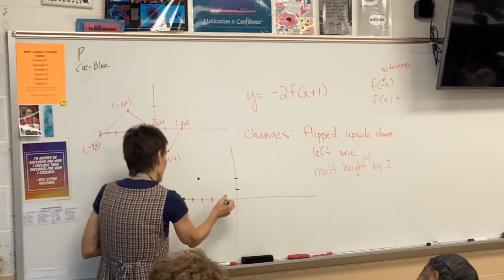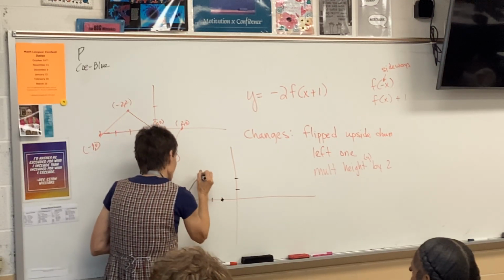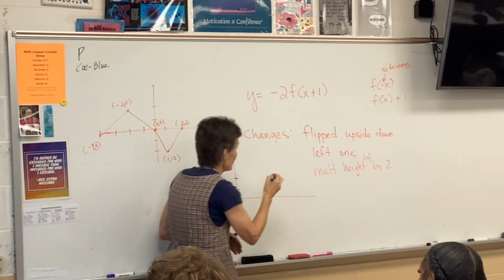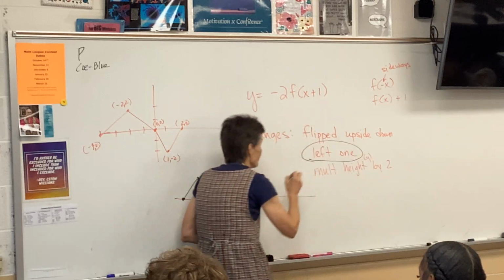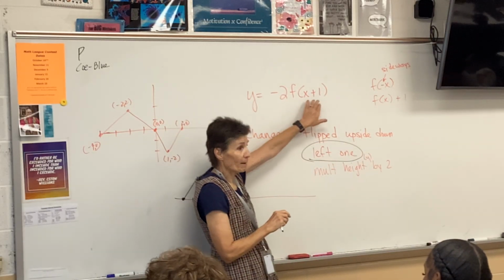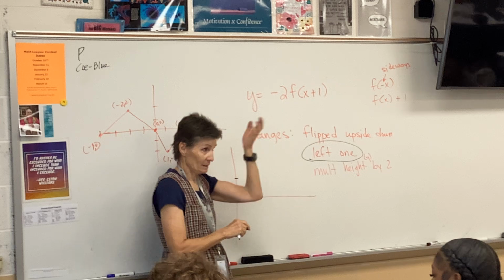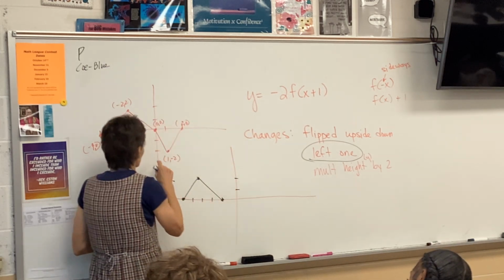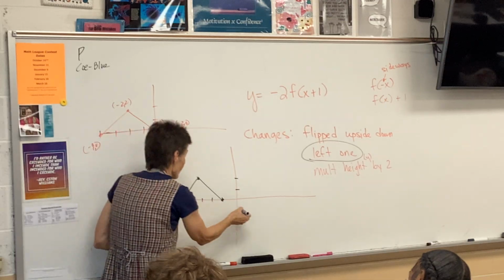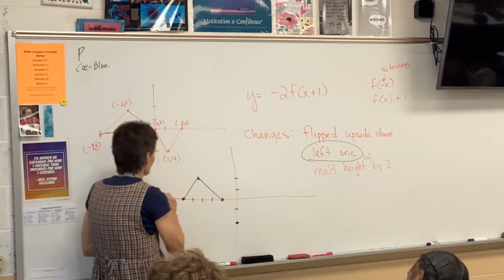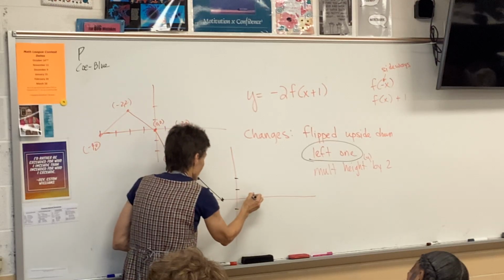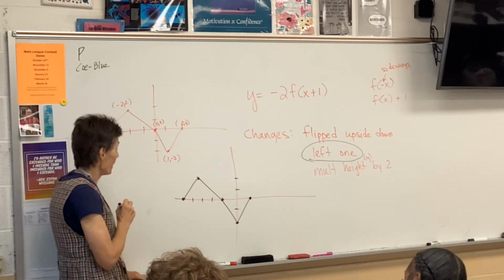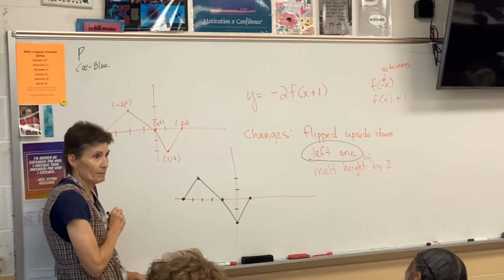And instead of 0, I'm going to be at -1. So let's make sure everybody's keeping up with that. See what I'm doing? I'm trying to do one thing at a time. And I always start inside my parentheses. So that's going to be left one. I'm doing that first. This point is at 1, so it's actually going to be at 0. And this is at 2, so it's going to be at 1. So there is my left one picture.